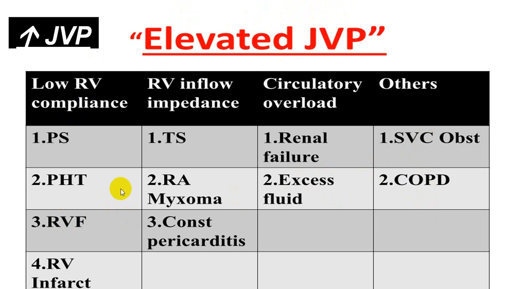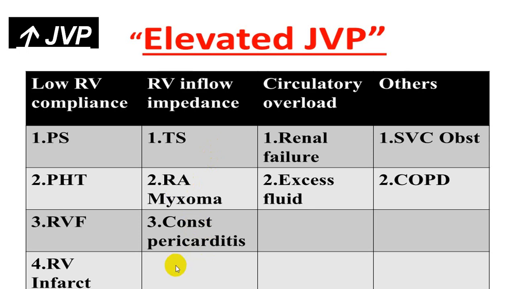I am repeating again. RVF or congestive heart failure, pulmonary stenosis, pulmonary hypertension, RV infarct. As far as the tricuspid valve is concerned, tricuspid stenosis, tricuspid atresia, and you can even mention Ebstein anomaly, right atrial myxoma, constrictive pericarditis.